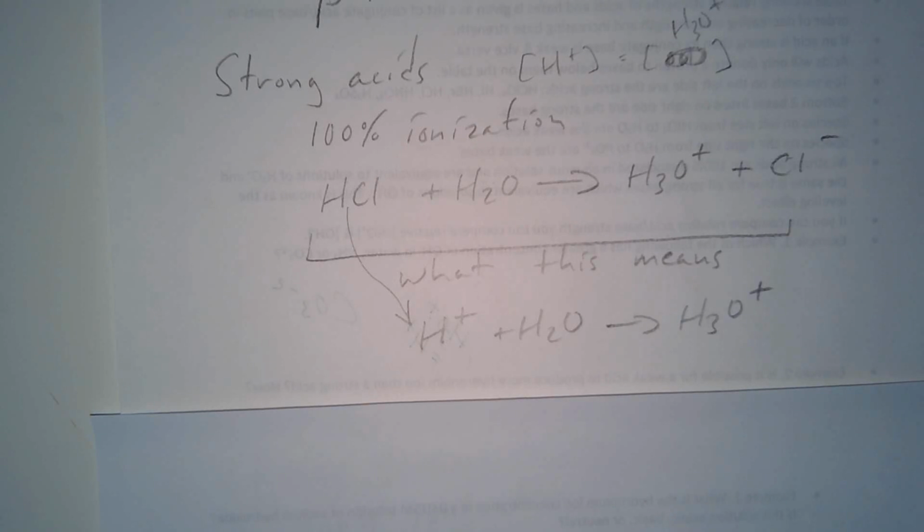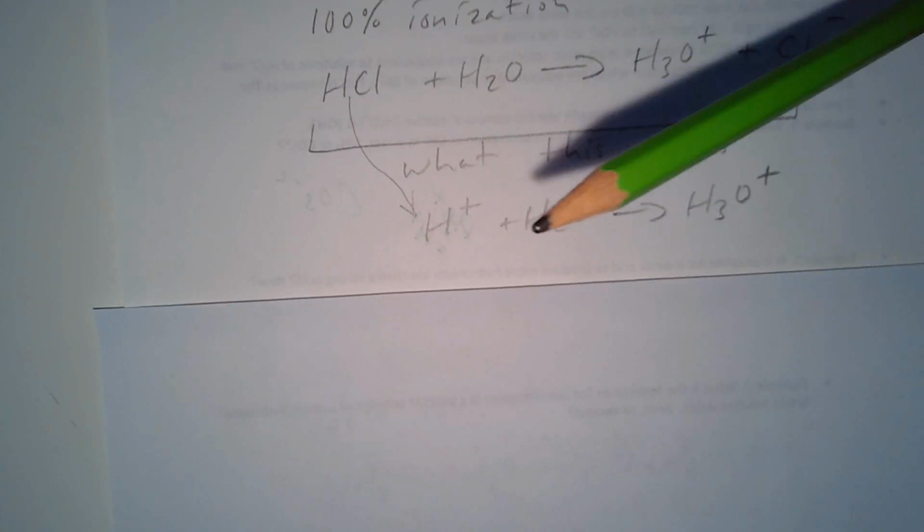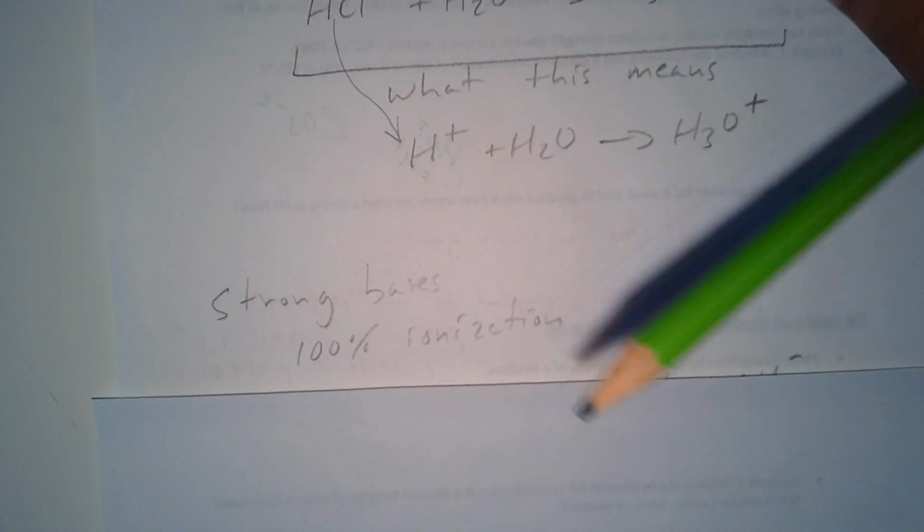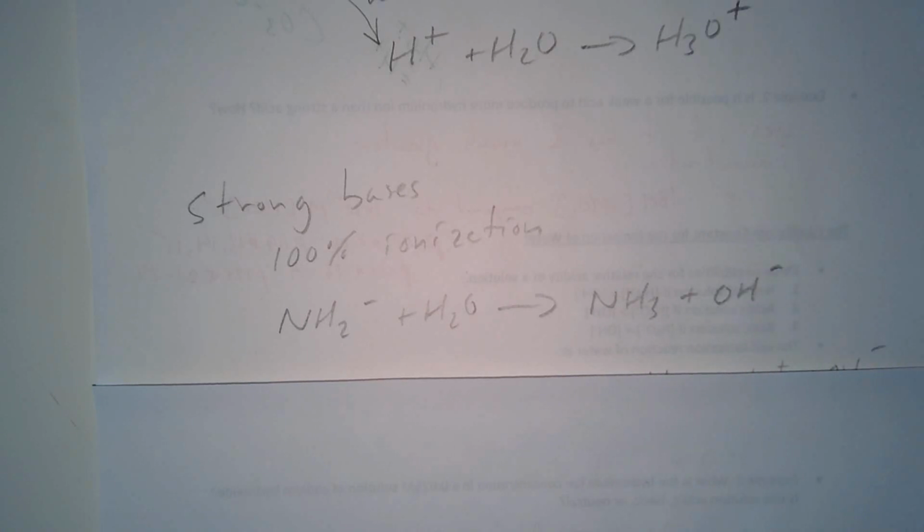Now, with the strong base, it's again 100% ionization. So I think I gave this type of reaction last lesson. So there's your strong base, and it's a proton receiver. So here, water is acting as an acid, a proton donor.